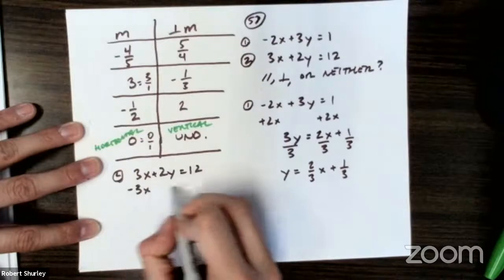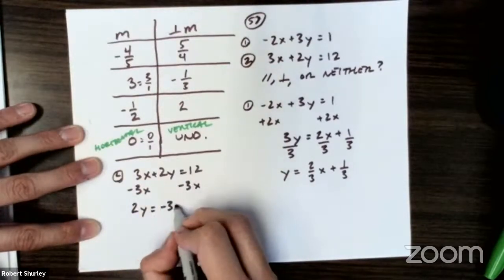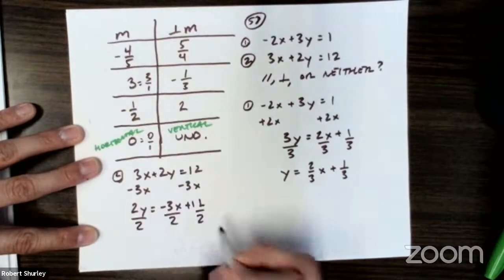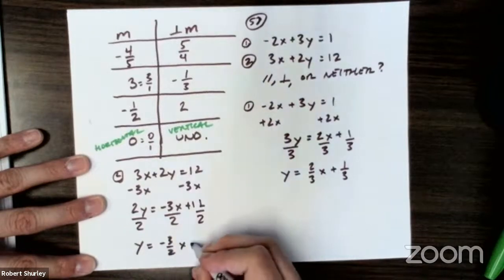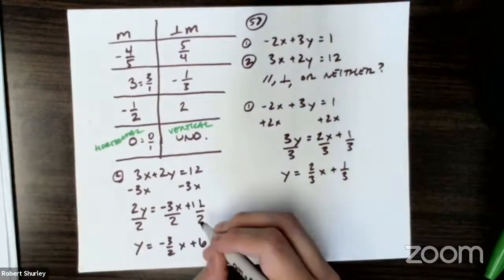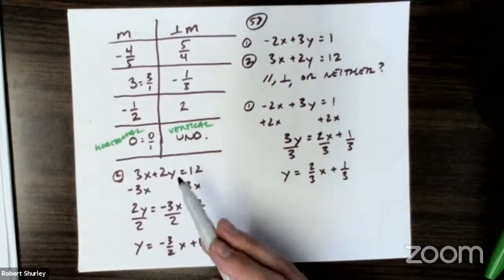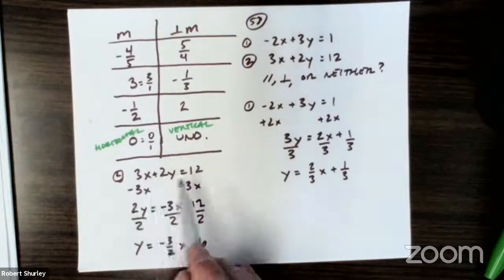So I'm going to subtract the 3x. Remember, the goal is to get y by itself. And then I'm going to divide everything by 2. And I wind up with y equals negative 3/2 x plus 6, right? That's a 12 divided by 2. Negative 3/2 x plus 6. So we found the slope-intercept form of this equation.